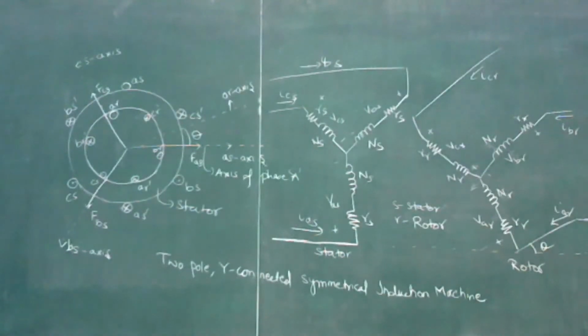Here we have 6 coils, 3 for the stator and 3 for the rotor.